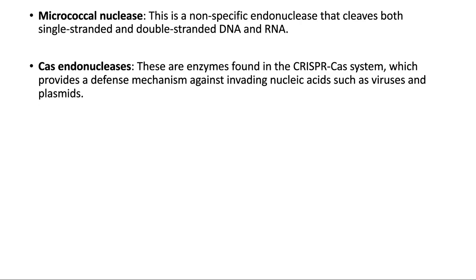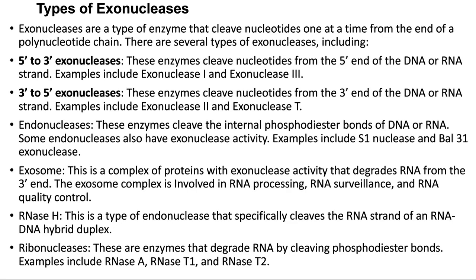And may I add here that the mechanism of CRISPR has offered so much promise in treating some diseases. For instance, sickle cell can be treated with the CRISPR system, where you will actually go directly to remove the particular gene or genes that are responsible for the problem. So those are also endonucleases.